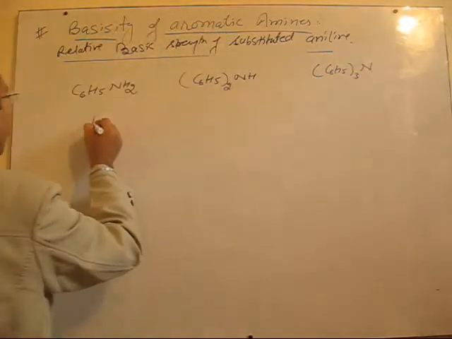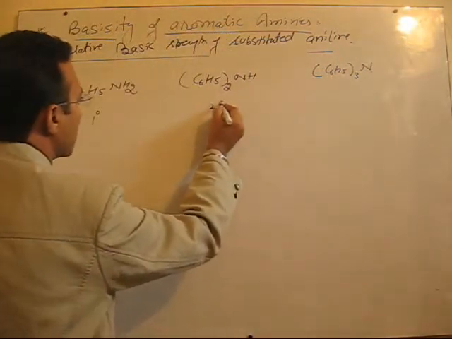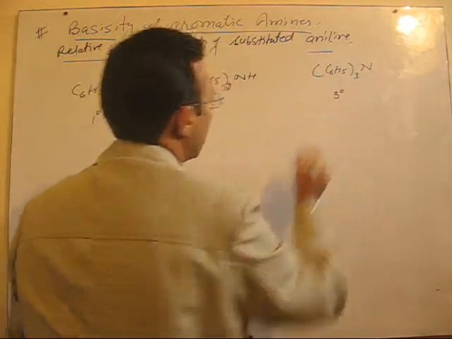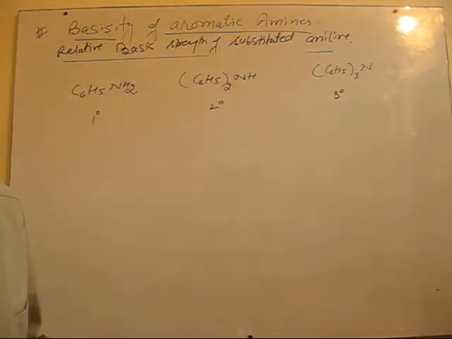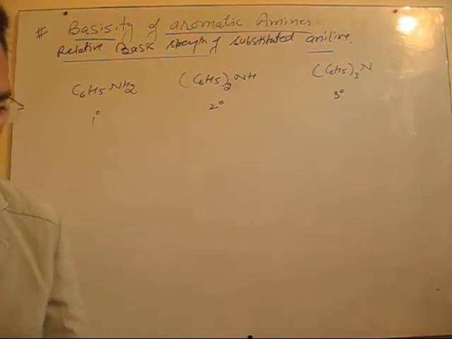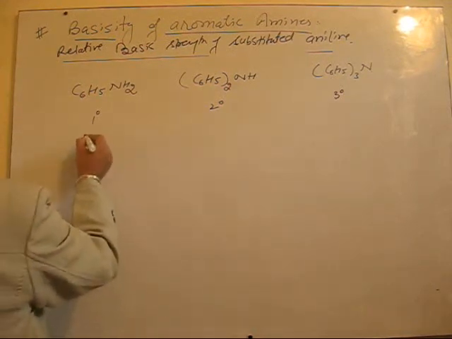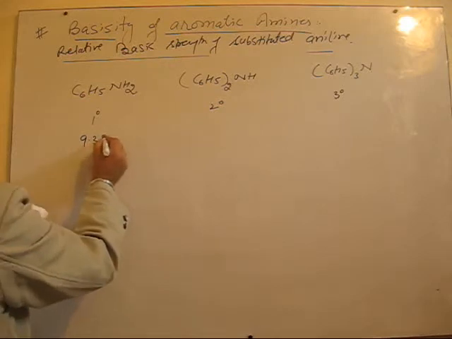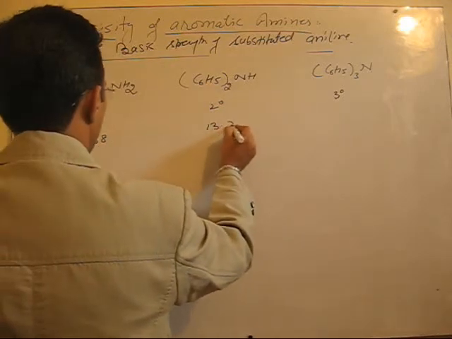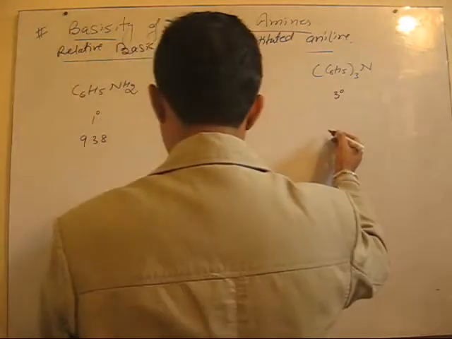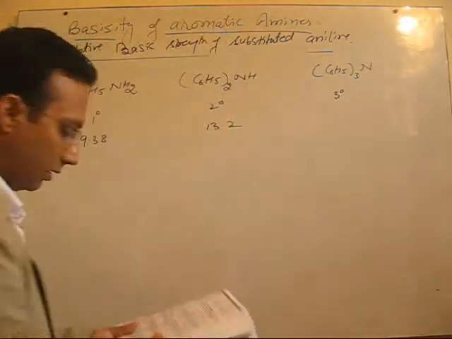That is a primary aromatic amine, secondary aromatic amine and tertiary aromatic amine. Fine. So in this case, if you observe the pKb value for aniline, it is 9.38 and it is 13.2, and here the value is not available.